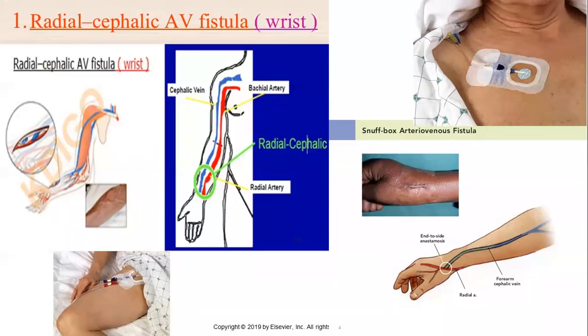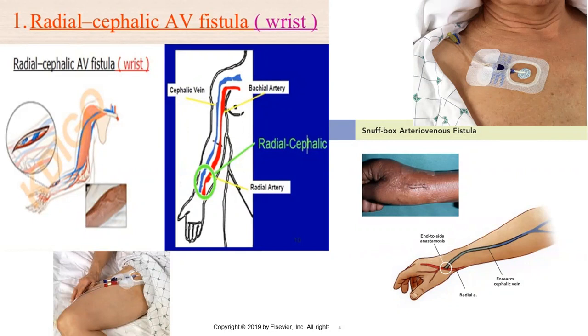This one we make to continue the dialysis process. But to reach maturity and be functioning, this fistula takes time, usually 6 weeks. But your patient needs dialysis now, so what will you do?